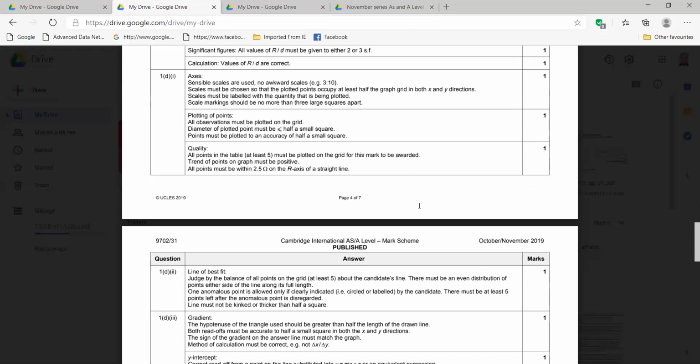Axes: sensible scales are used, no awkward scales. Scales must be chosen so that the plotted points occupy at least half of the graph grid in both x and y directions. Scales must be labeled with the quantity that is being plotted. Scale markings should be no more than 3 large squares apart.